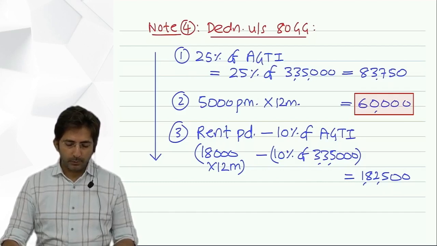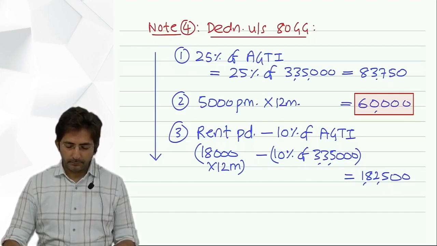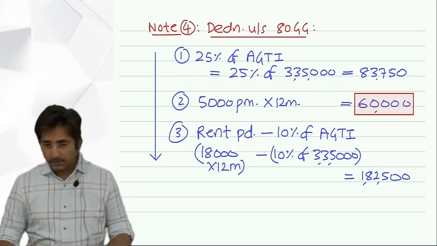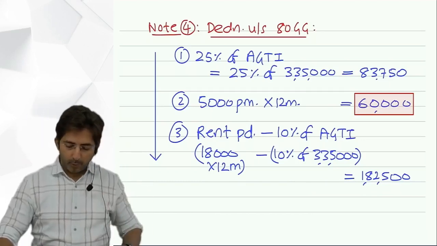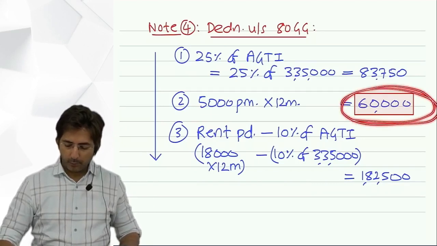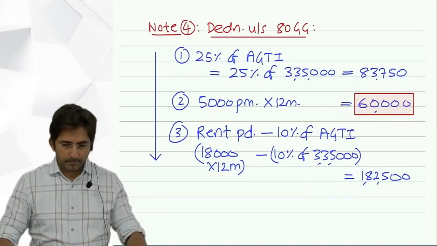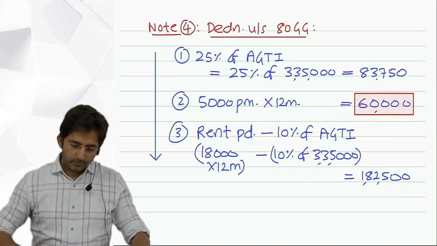Out of the three amounts, whichever is less. So what is less? 60,000. Put that amount in a box. The amount which you select, you should put it in a box. 60,000.